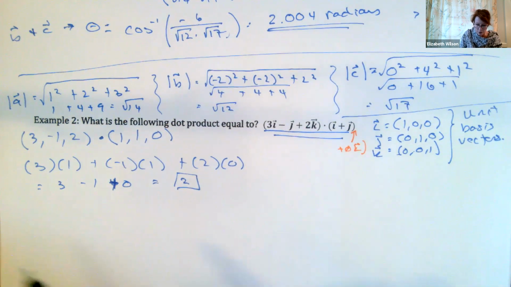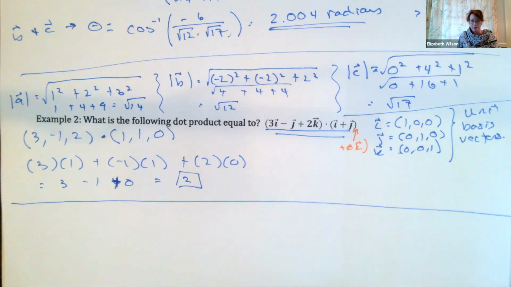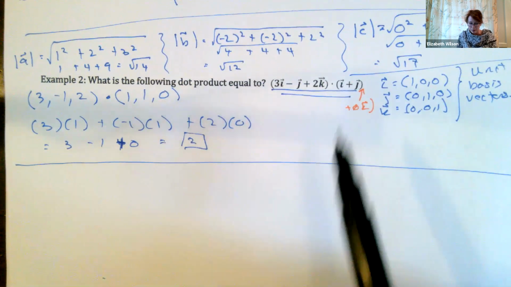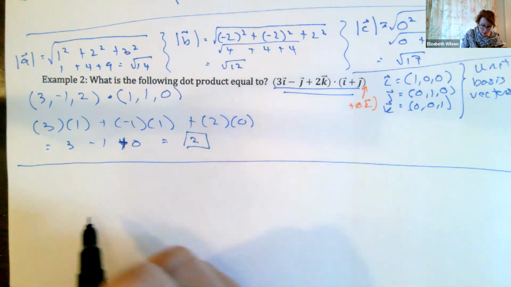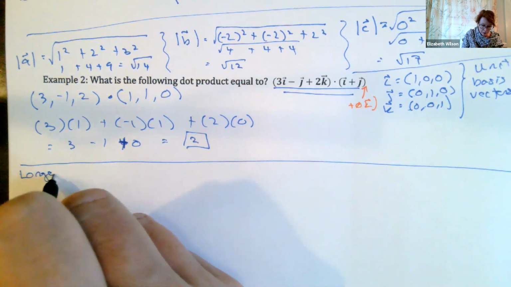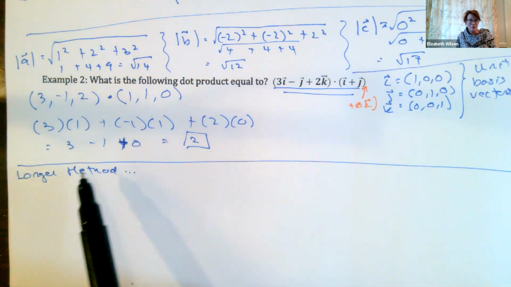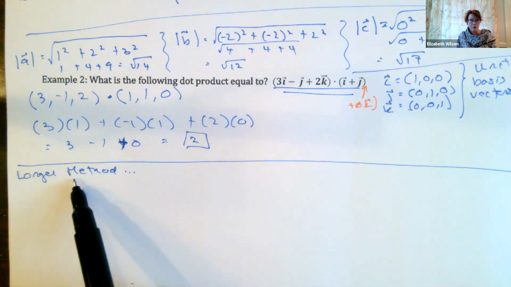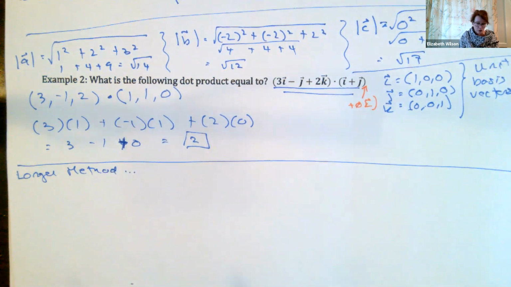I'm also going to show you another method using i, j, and k. I can do it like a binomial times a trinomial. So method 2, I'll write out a longer method that's just as valid. I'm more likely personally to make a mistake on this one than on the first one. I like to strip out the coefficients and just use them that way, but I'm going to teach you this just so you know.